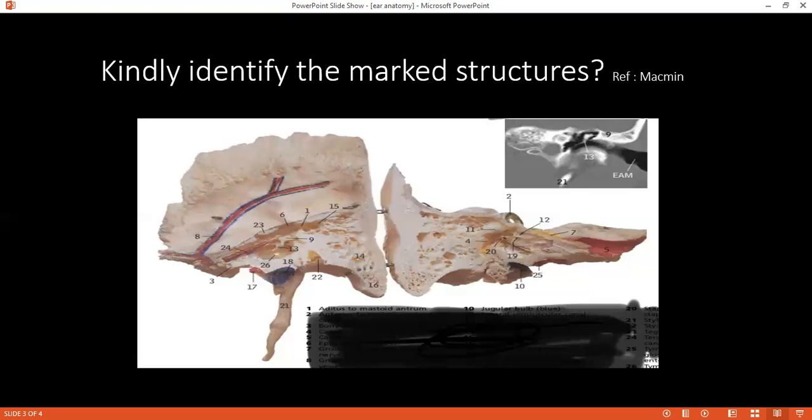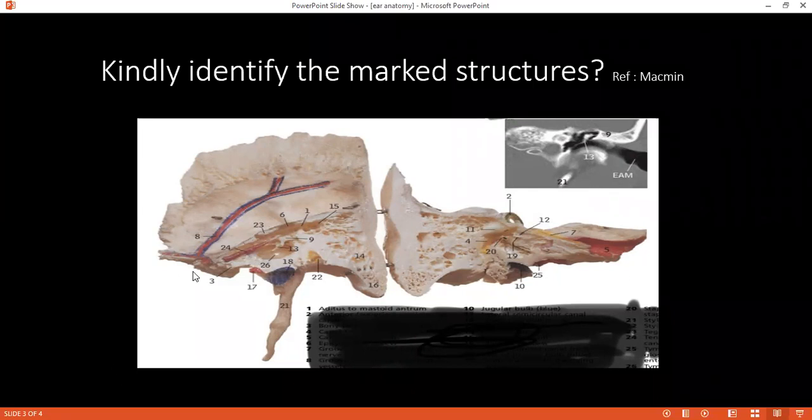Pass. Okay, and what is this 24? Is it the middle cerebral artery, ma'am? We'll discuss at the end.